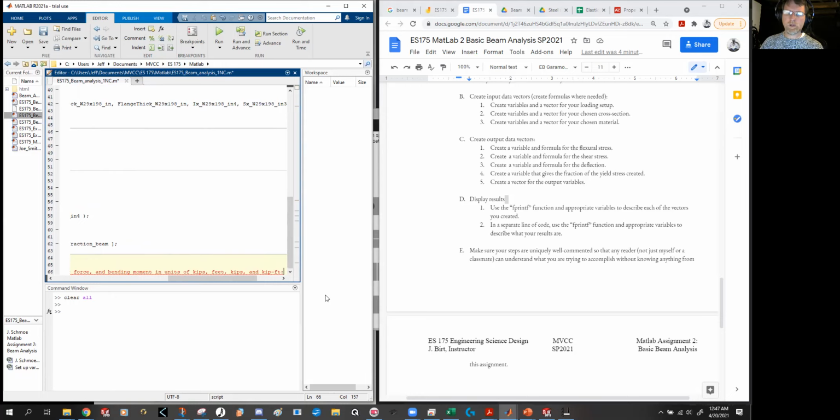Then I put a \n here that helps it skip a line. Otherwise, it just jams things one on top of another. So I'm going to do that twice. \n brings it down to the next line, \n brings it down to the next line. So I kind of have a gap in the lines there. So that's always a good thing to make it look good.